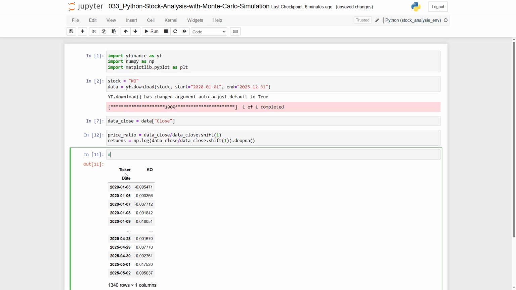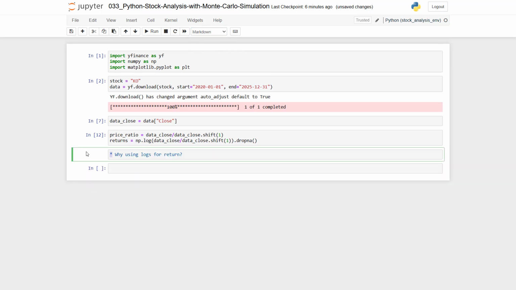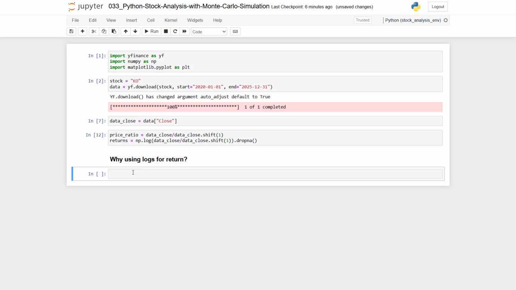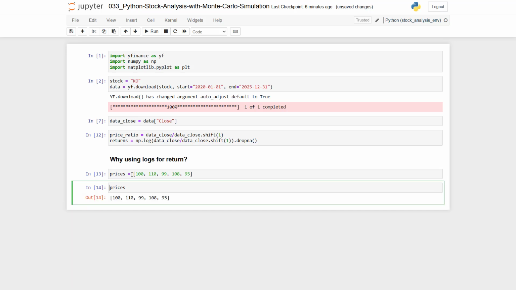I'll call this one why using logs for return, and I'll translate it as a markdown, and it would be even like a header, but as a big header, something like this. Okay, so now let's make a list of prices, and we start with 100, 110, 99, 108, 95. As simple as this. We have 5 prices, not bad.